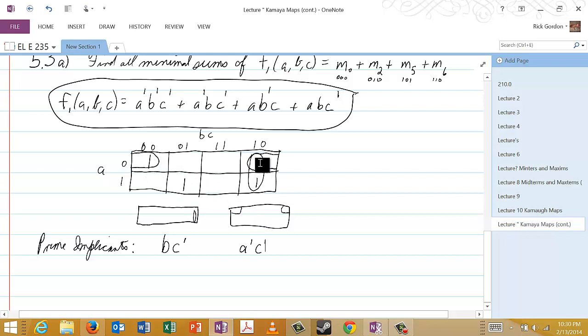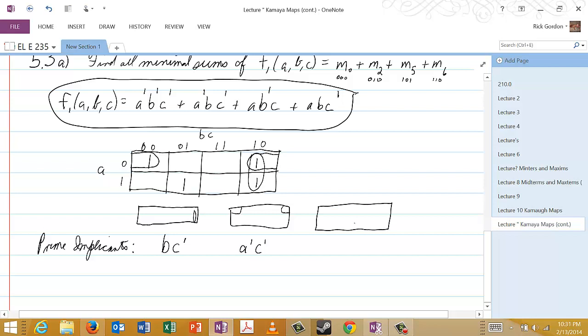Likewise, this one is contained within two existing prime implicants, so we can't count it, and this is counted within the existing prime implicant BC prime, so we can't count it as a prime implicant. However, this one cell is not contained within any pre-existing prime implicant, and therefore we do count it.